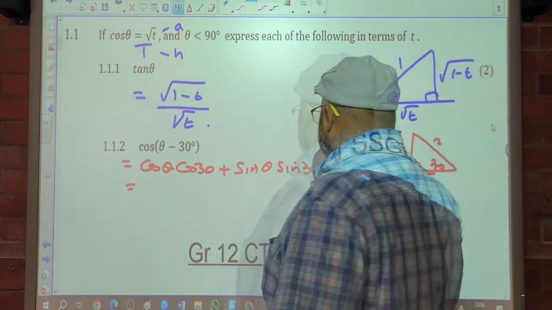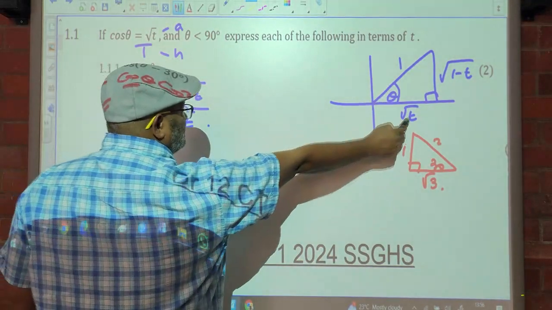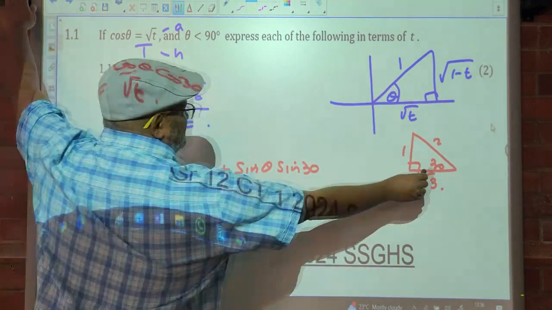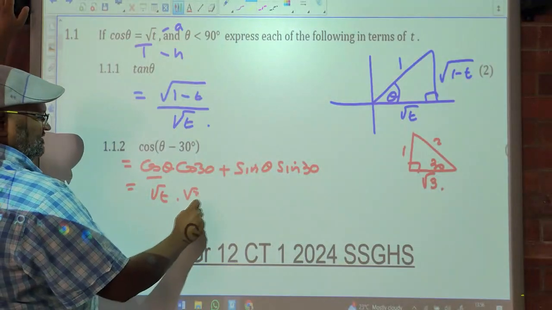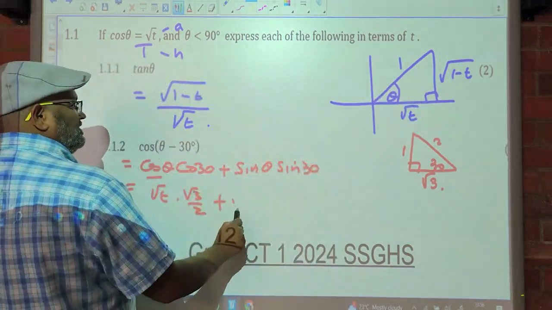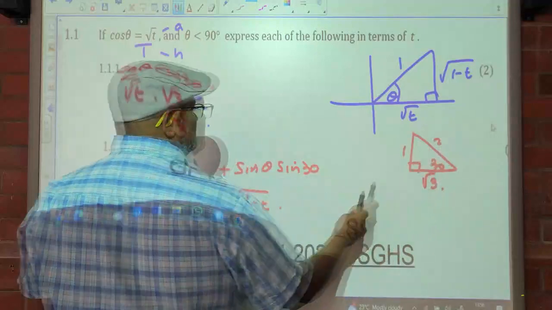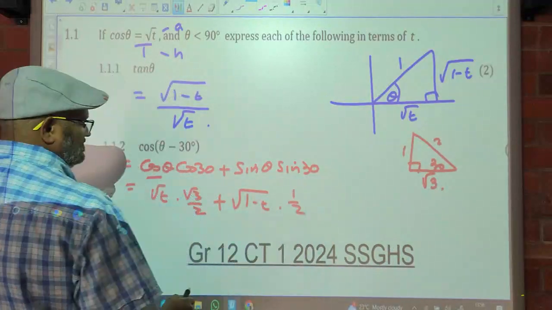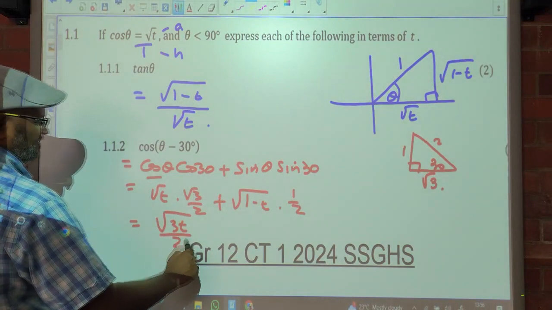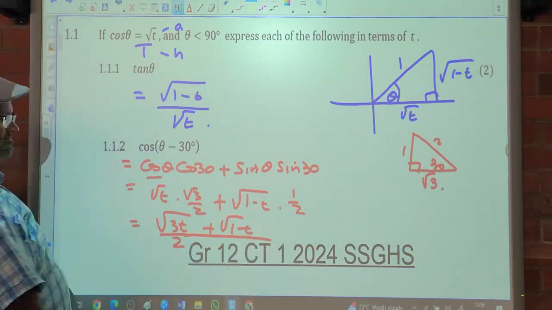So cos of theta is adjacent over hypotenuse, the square root of t, times cos of 30, adjacent over hypotenuse, which is the square root of 3 over 2. Plus sine of theta is opposite over hypotenuse, so it's the square root of 1 minus t, times sine of 30, opposite over hypotenuse, is 1 over 2. So this here can simply be written as the square root of 3t over 2, as you can see the denominators are the same, plus the square root of 1 minus t.